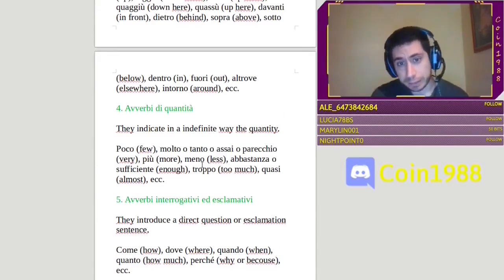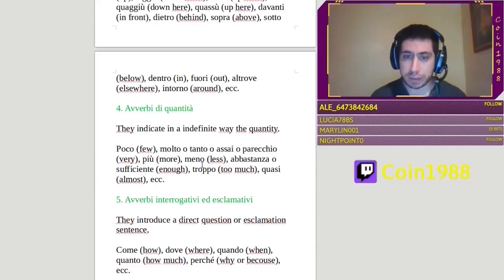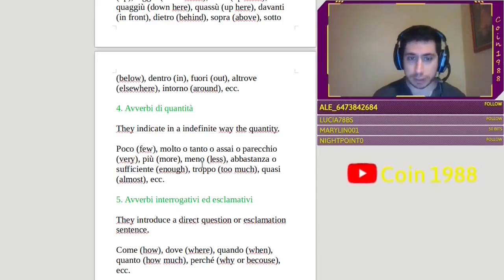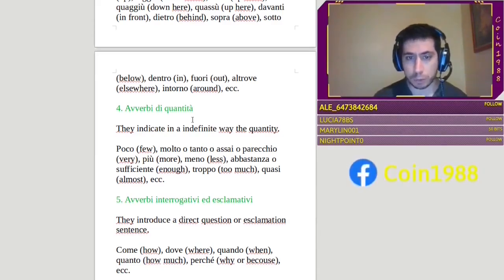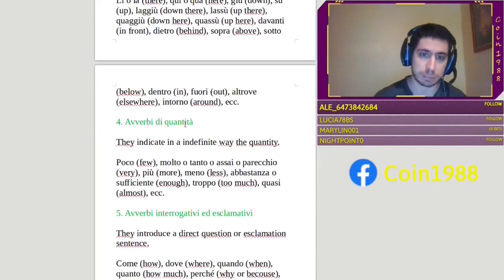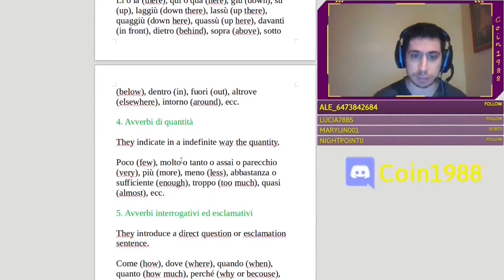The fourth type is avverbi di quantità. They indicate the quantity in an indefinite way. For example, we have poco, that means few, molto, tanto, assai, or parecchio. All these words mean very. You see molto in the first example.